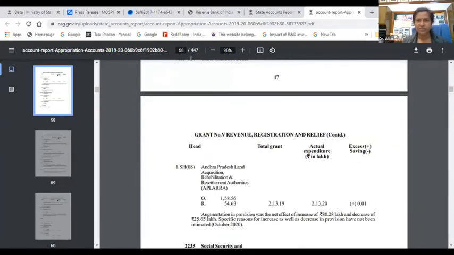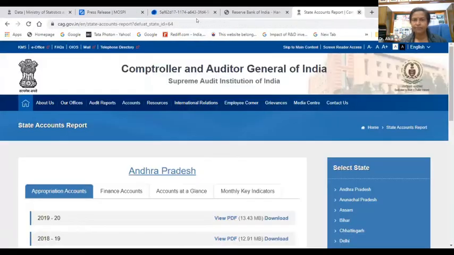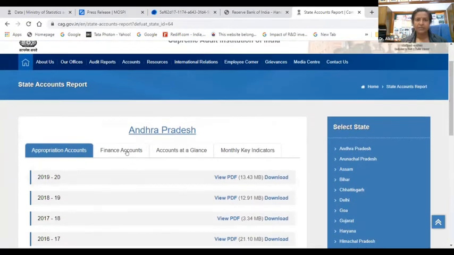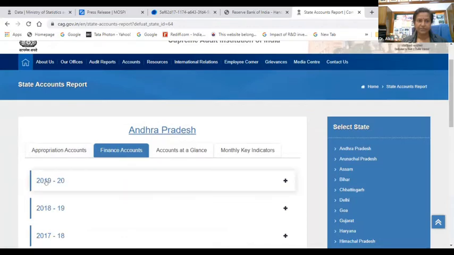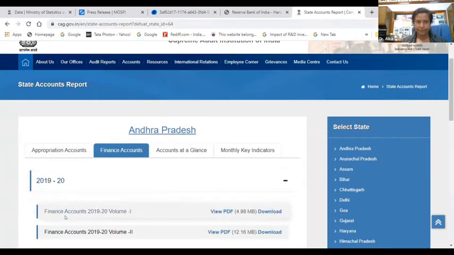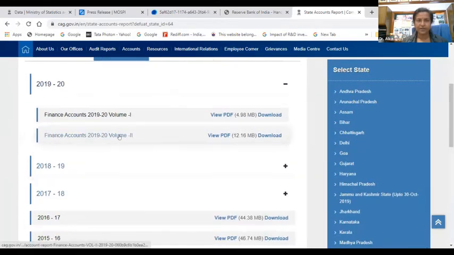I think the easiest way is to show you the finance accounts. Finance account volume 1 is the consolidated one. Let us open volume 2.